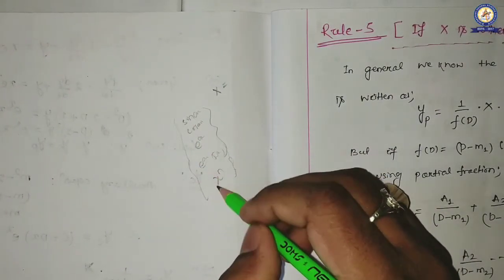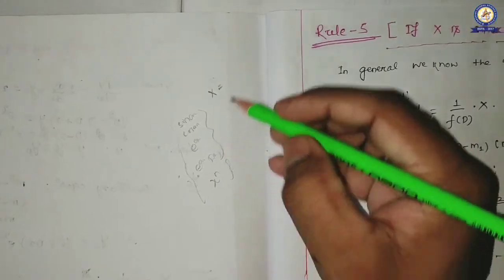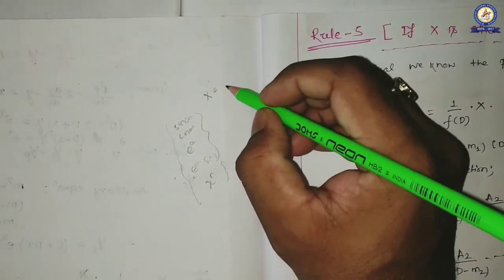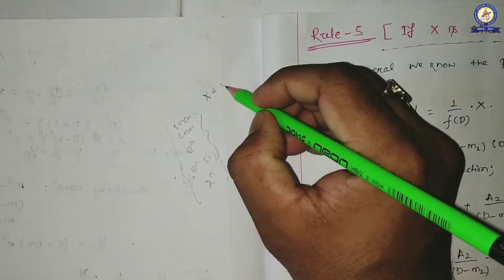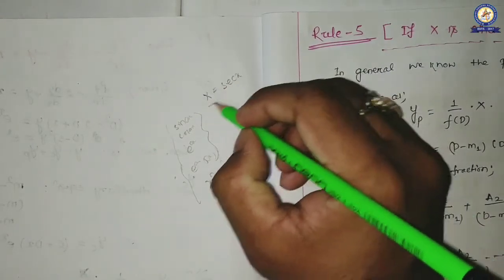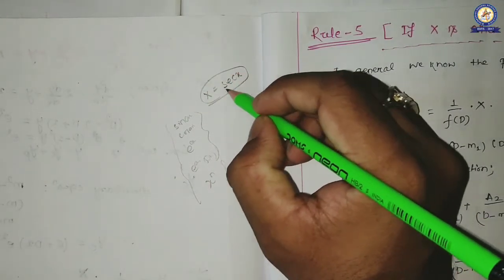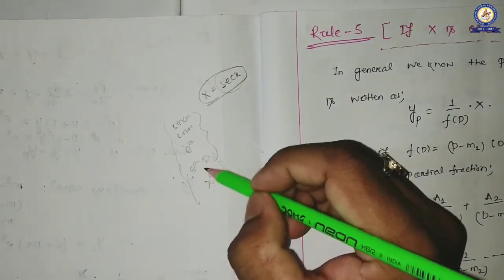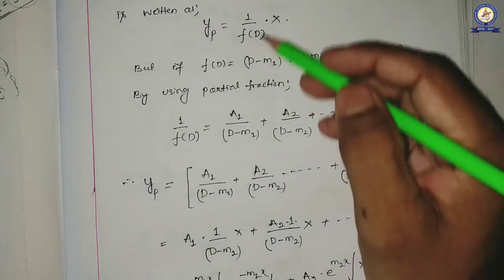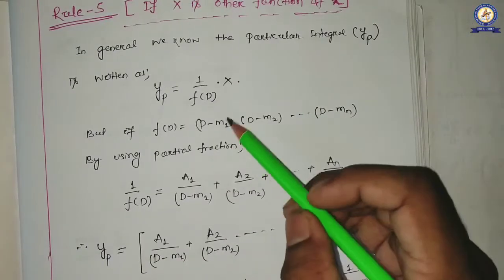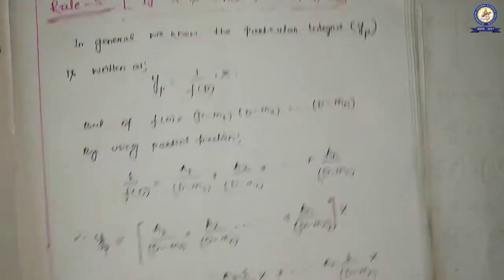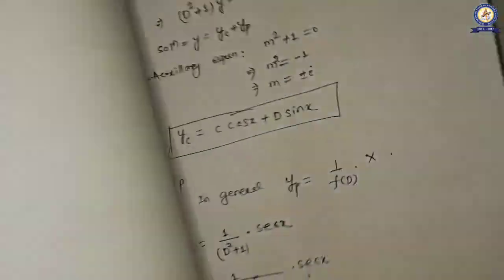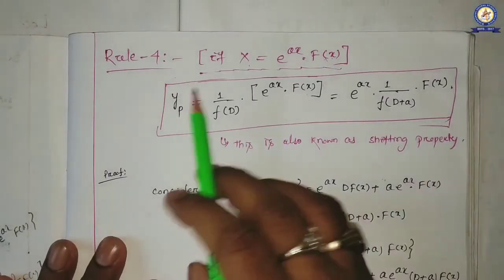Suppose X is sec x, that is a function of x except these functions. Then what is the rule that we have to apply to find out yp, that also we are going to discuss, and corresponding numericals also. So let's start from rule number 4.